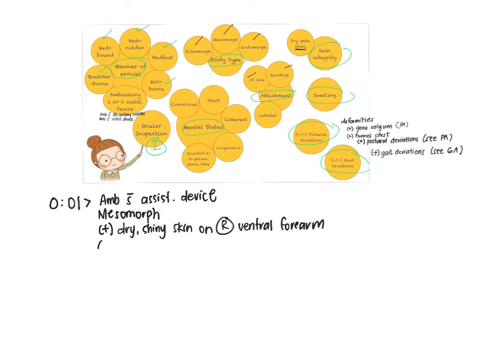Patient also has an IV line on dorsum of right hand.